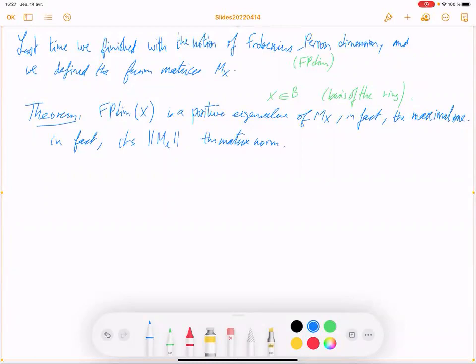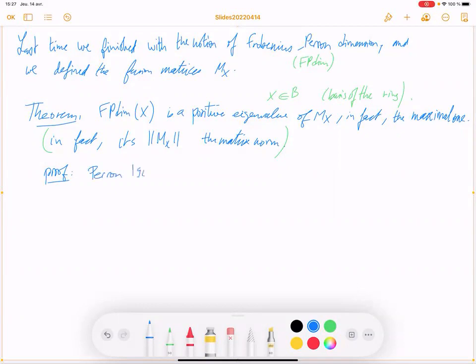So the proof of that, let's put that in parentheses, is due to Perron and Frobenius. So I will not put the proof, but this is quite old.